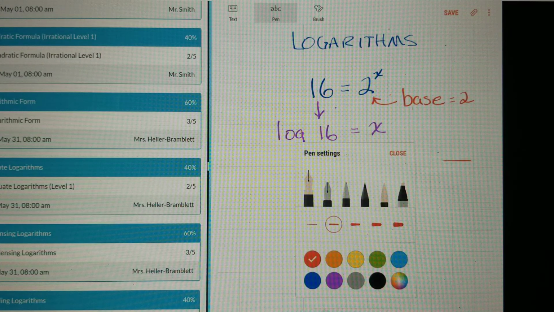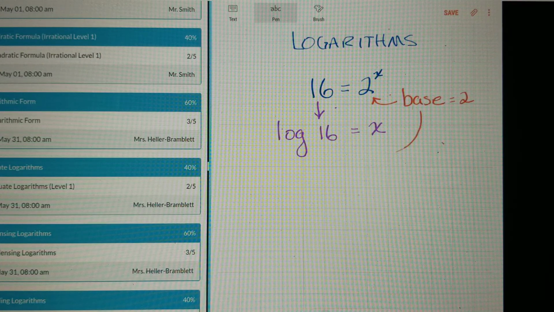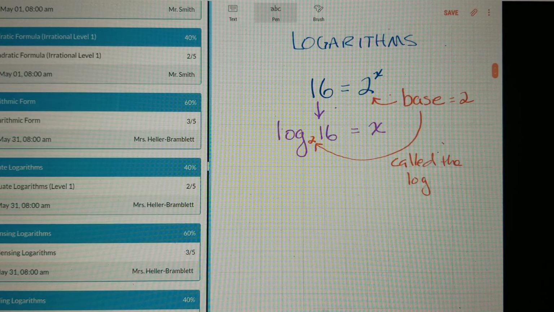This base 2 goes right down here, base 2. And now it's called the log base. So this says log base 2 of 16 equals x.